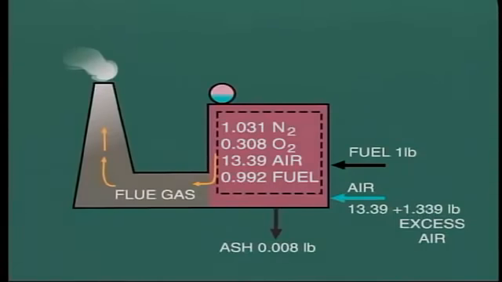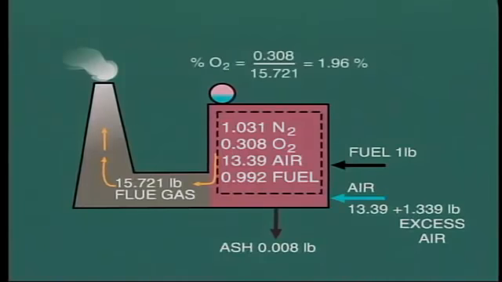So the total weight of flue gas for each pound of fuel burned is now 15.721 pounds, including 0.308 pounds of oxygen. The percentage of oxygen is therefore 1.96%. This is a typical target value for oxygen in flue gas, as indicated by monitoring instruments on the boiler when burning oil.